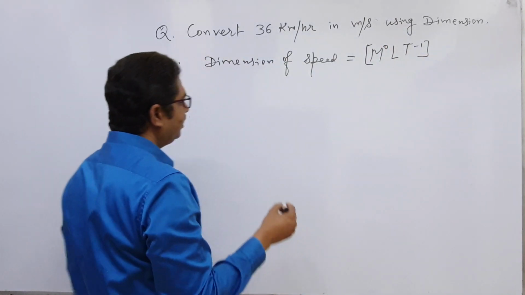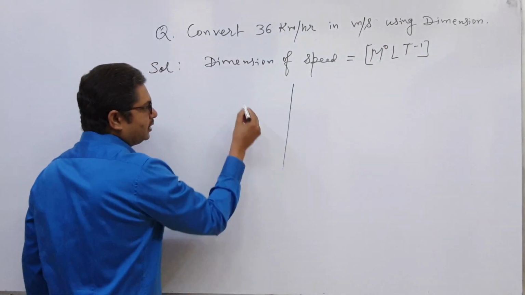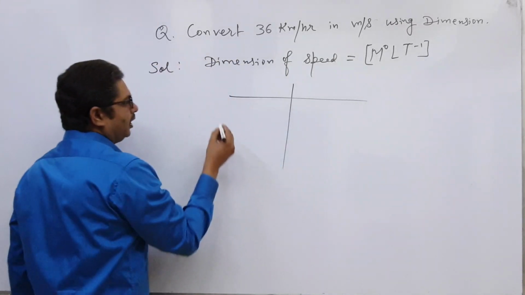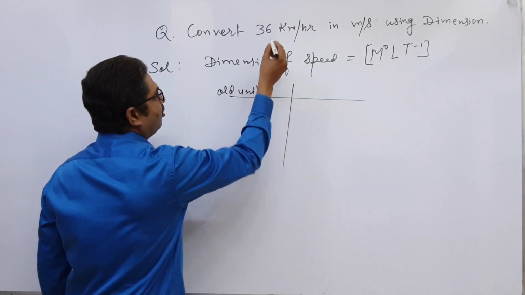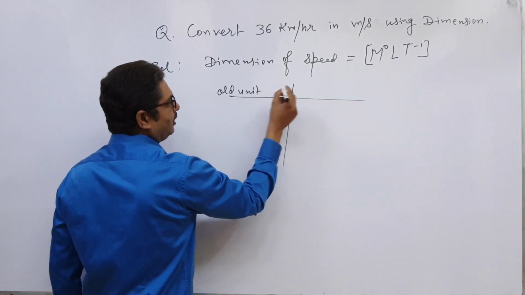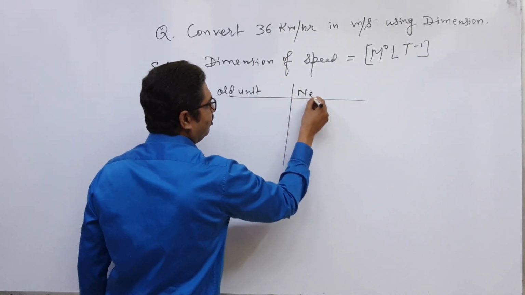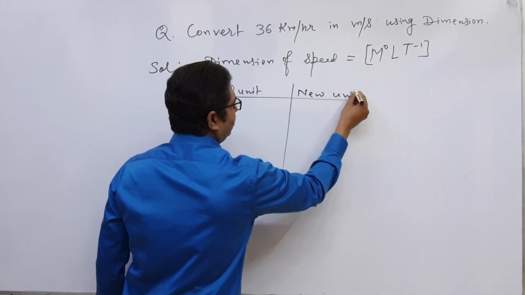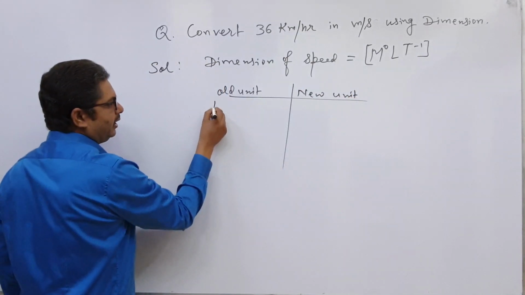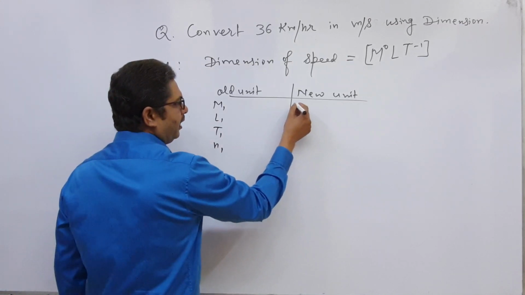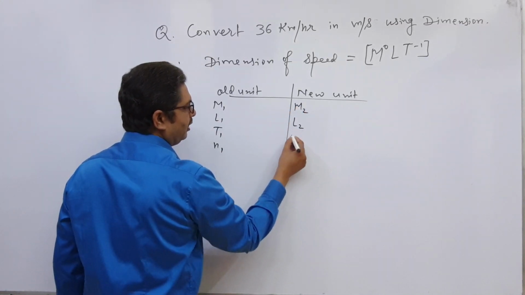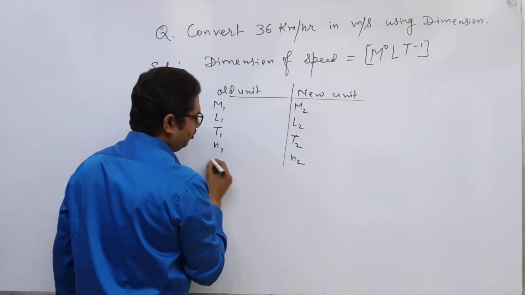Now after that you draw a simple chart like this. Here you write old unit, and here old unit is kilometer per hour, and here you write new unit. After that you write M1 L1 T1 N1. Here you write M2 L2 T2 N2.